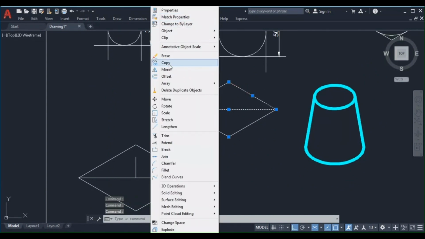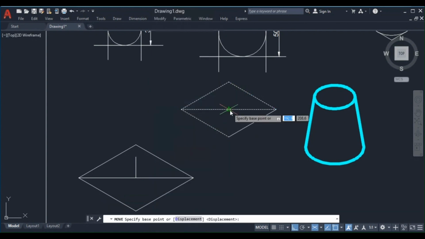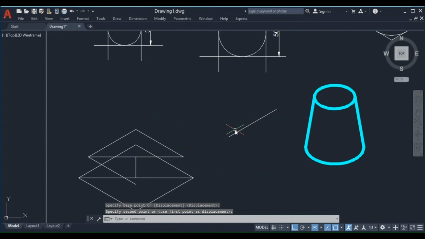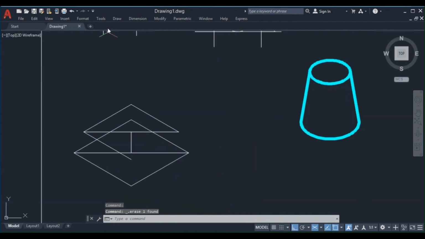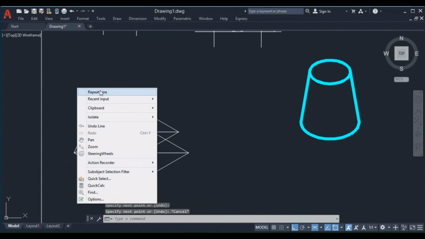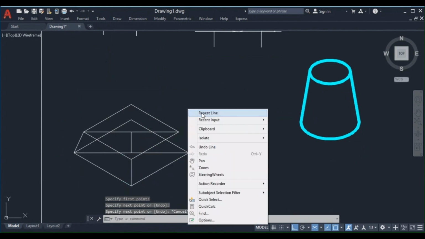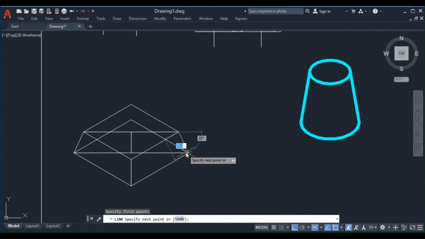Modify, move it exactly with its center. Now join this. Now remove the portions which are hidden.